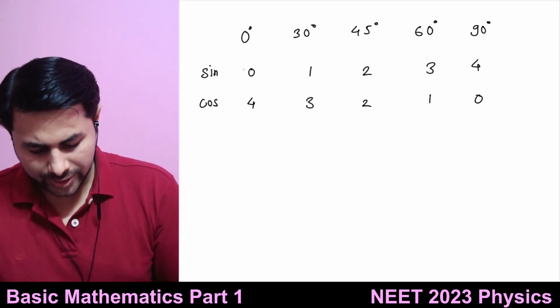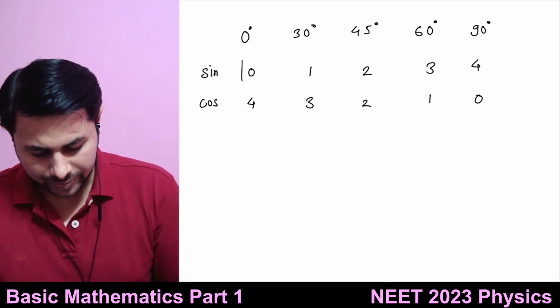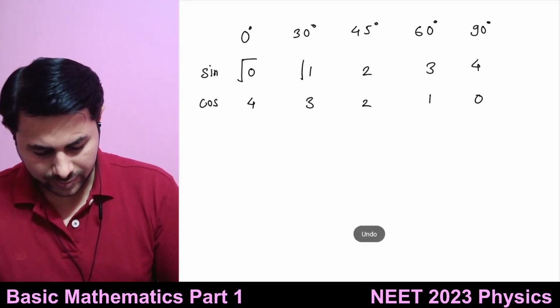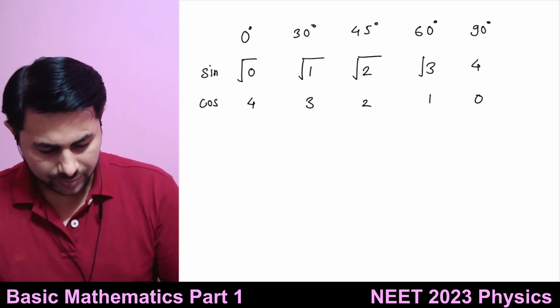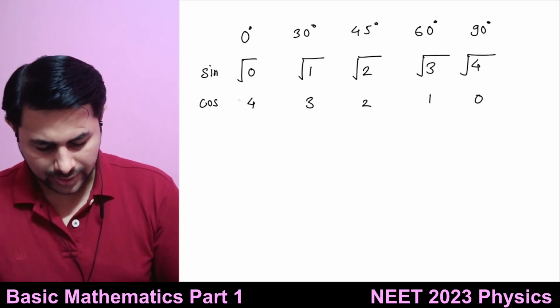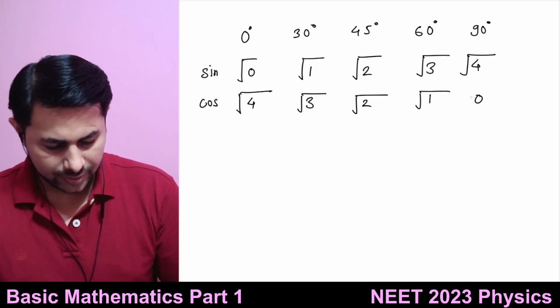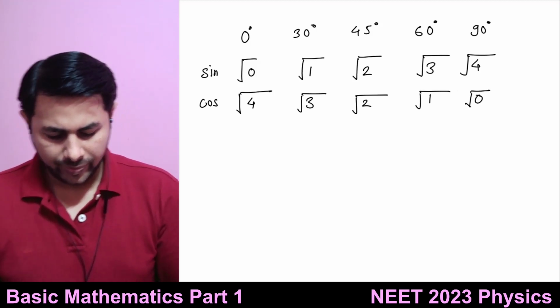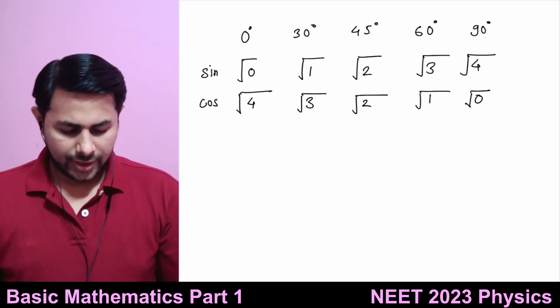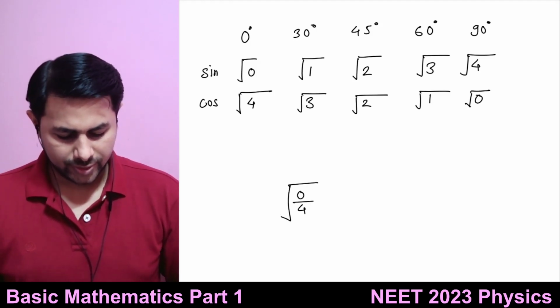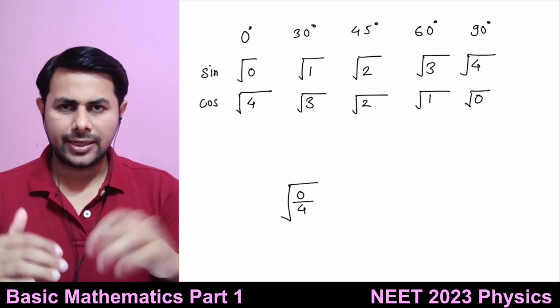So I will take the square root like this. If I take the square root, sine of 0 will be 0 upon 4 and the square root of that.